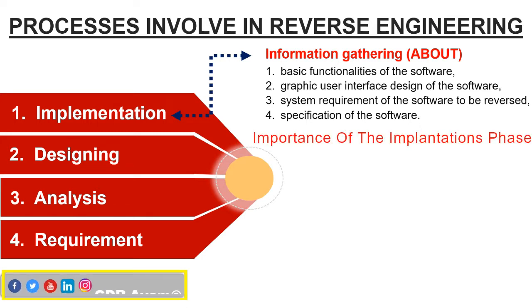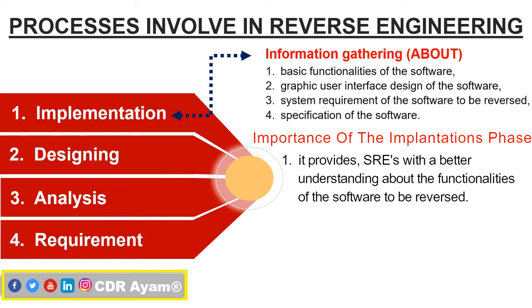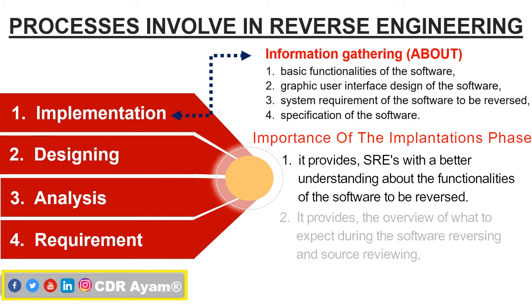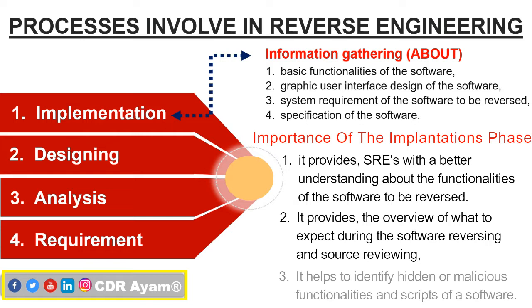And in terms of the importance of the implementation phase, I said it provides software reverse engineers with a better understanding of the functionalities of the software to be reversed, as well as the overview of what to expect during the software reversing and source code reviewing. It also enables software reverse engineers to easily identify any hidden or malicious functionality or script, aside the software's main outlined functionalities.